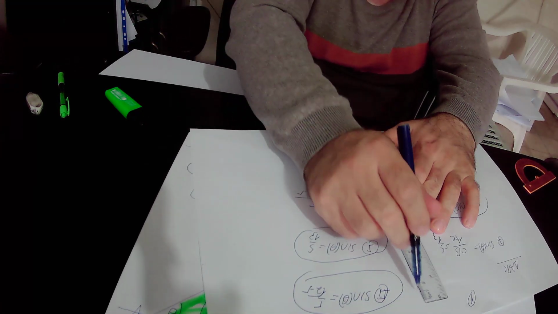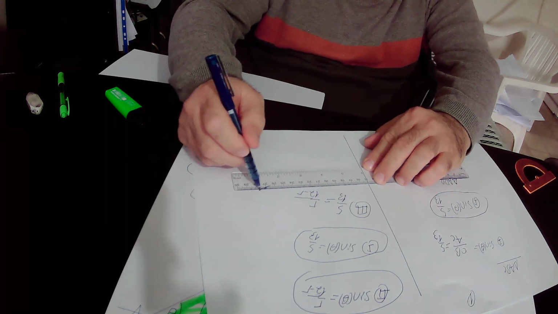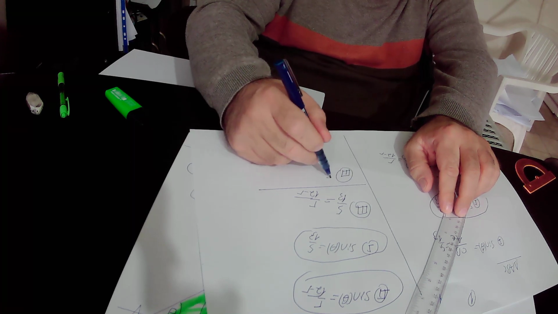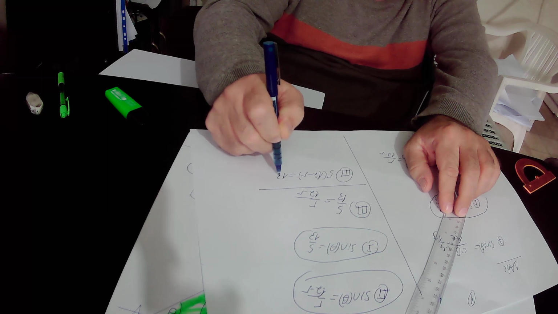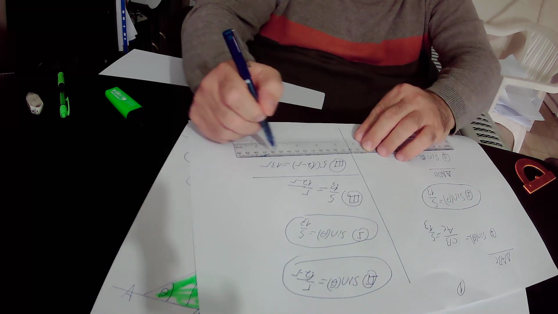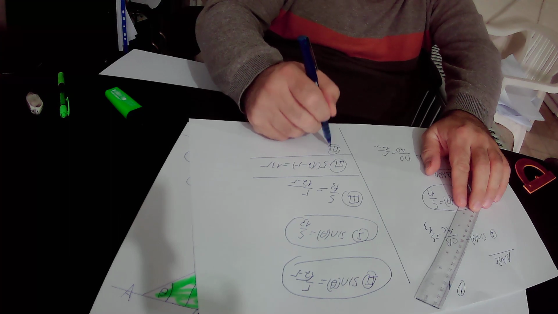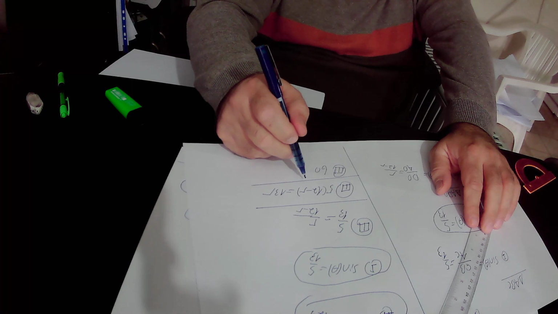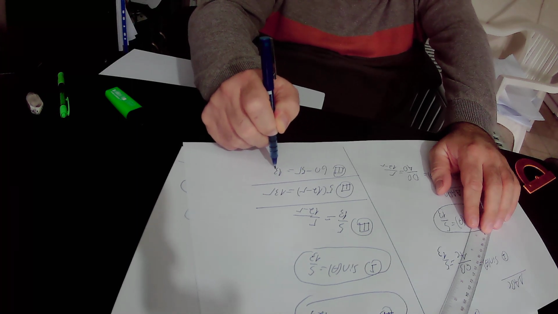Here we will cross multiply equation number 3, and we will get that 5 times 12 minus R equals 13R. We'll open the brackets on this equation, and we'll get that 5 times 12 is 60, 5 times minus R is minus 5R, and it equals 13R.